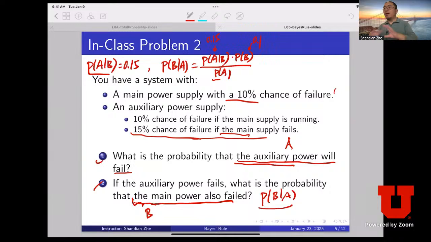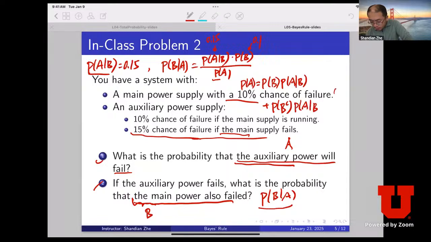So that's why we have to use total probability. The total probability is written as P of B times P of A given B, plus P of B complement times P of A given B complement.